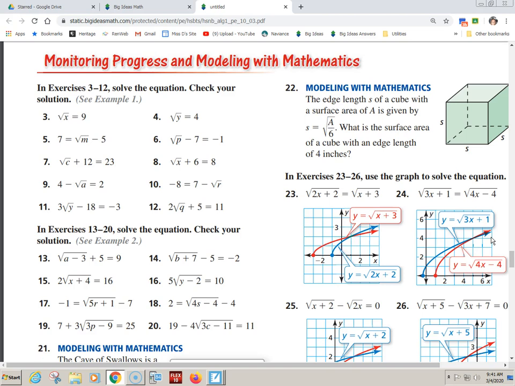Save that for tomorrow. We'll talk about it. He does the pictures. Well, did you already subtract the 7 and divide by 2?